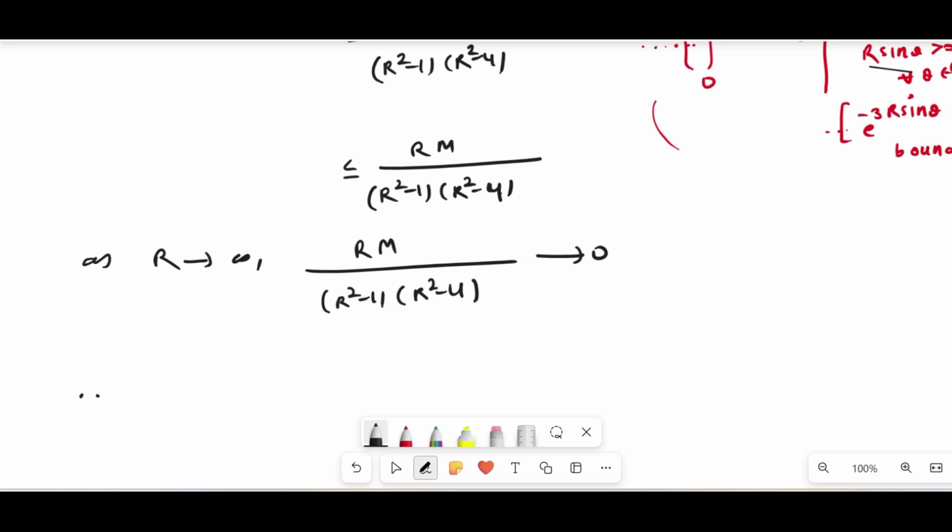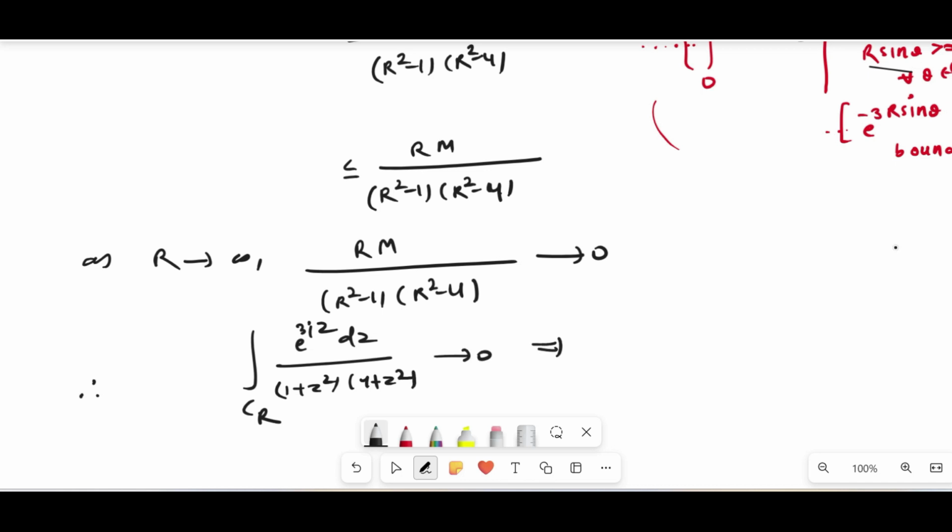Therefore the value of the integral over the curve CR, that is e to the power of 3iz dz over (1 plus z square)(4 plus z square), will tend to 0.